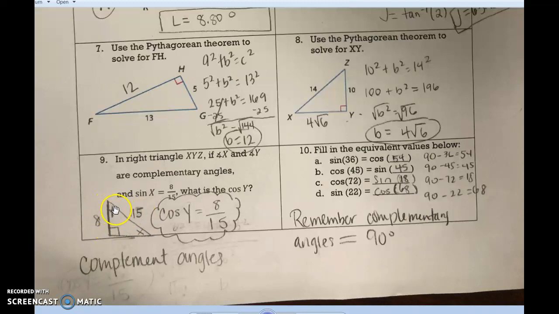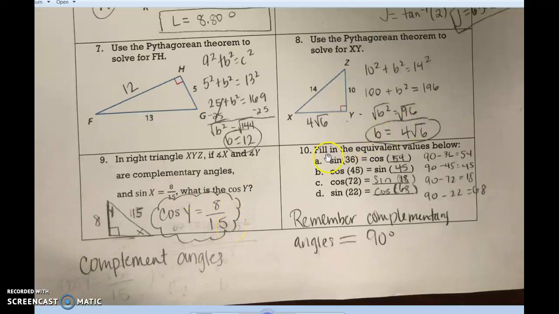If y is my other angle, then it should equal the same ratio, which is 8 over 15. So they should be equal. We're going to see that in number 10. So if sine of x is 8 over 15, the other angle, cosine of y, is also equal to 8 over 15.